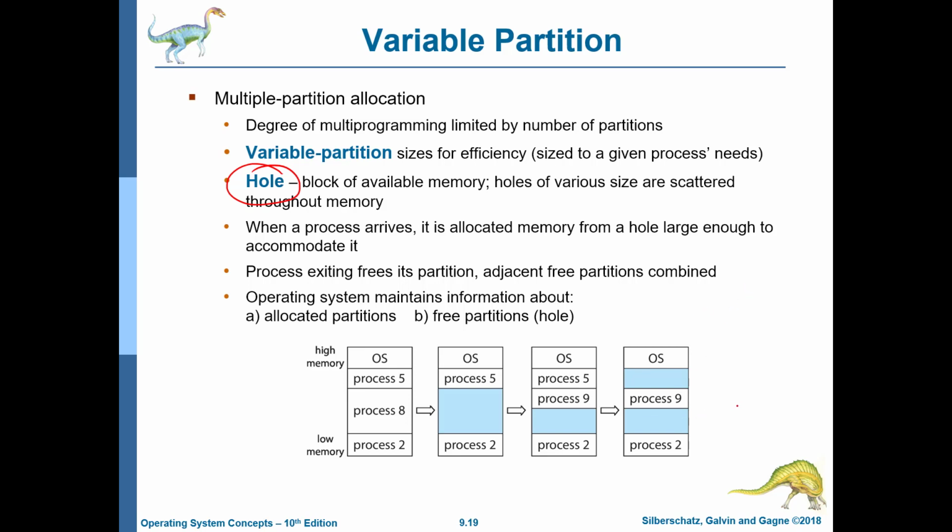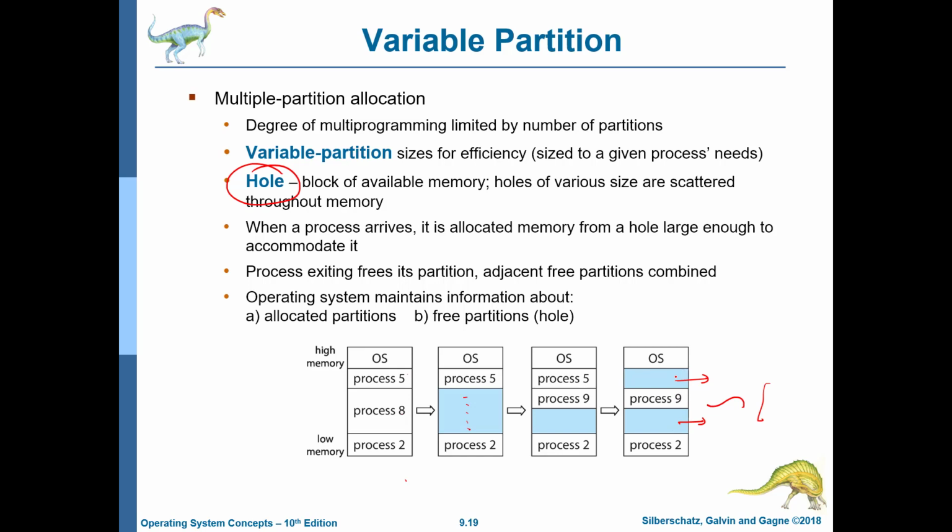Look at this. You could have process 5, 8 and 2, and 8 could then die. So this entire region could be a hole. Process 9 could fit in here, and then process 5 could then die. So then you'll have 2 holes created over here. It's possible that the next process will not fit in any of these holes, but you still have enough memory for the next process. It's just because of this constraint that you want all the memory to be contiguously allocated, you will not be able to allocate memory from the blue regions.